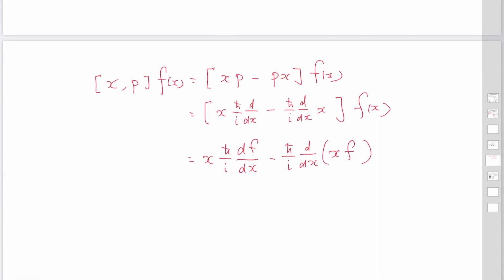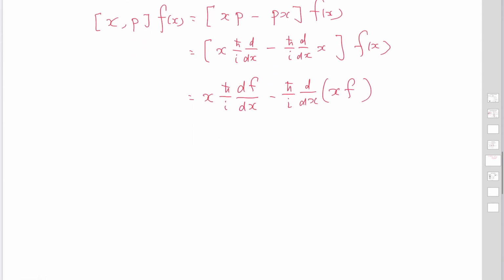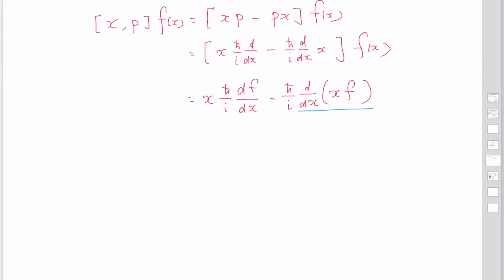When you calculate the second term, the derivative appears before x f, so we can apply the derivative of a product of two functions. This part is expressed as f plus x df/dx. Then the df/dx term is going to be cancelled out.